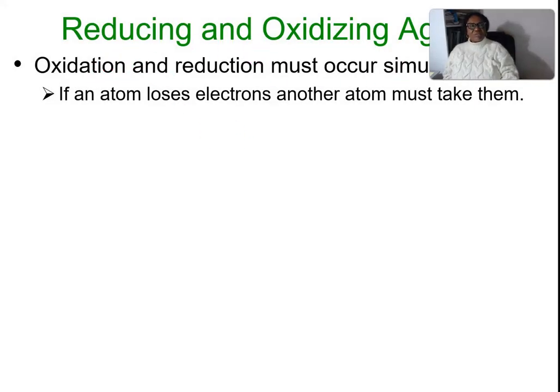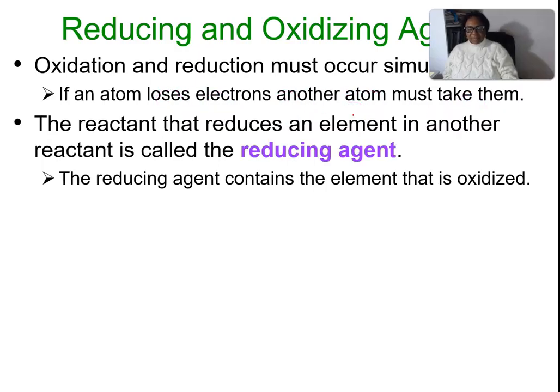Reducing and oxidizing agents. Oxidation and reduction must occur simultaneously. If an atom loses an electron, another atom must take it up. So the reactant that reduces an element in another reactant is called the reducing agent.